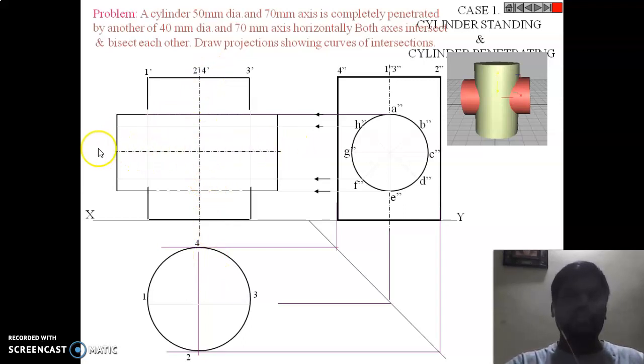That means you need to first draw a line at the intersection point, that is 35. So you'll be getting the center here. So locate that center and draw the circle, then give the naming to them and project them. How much is this axis? This is again 70. So from here it is 35 and from here it is 35. So we'll be getting the front view as well.